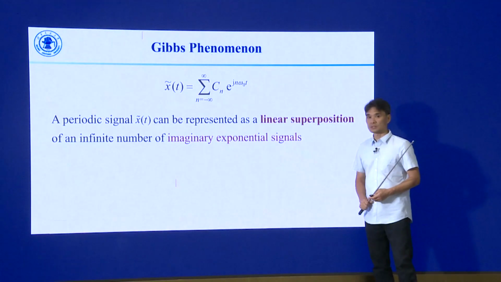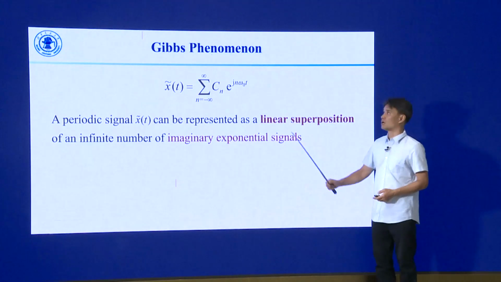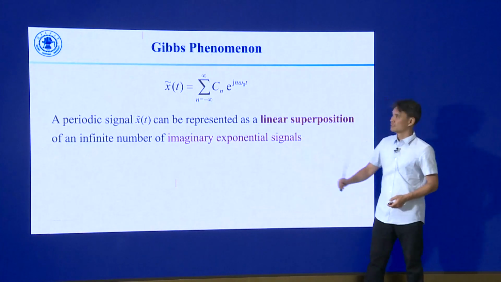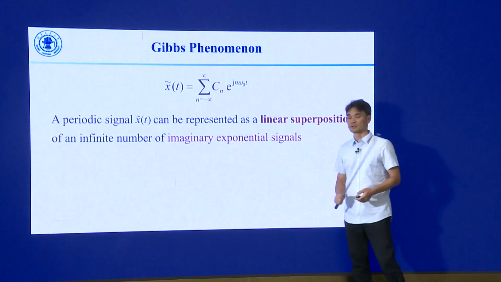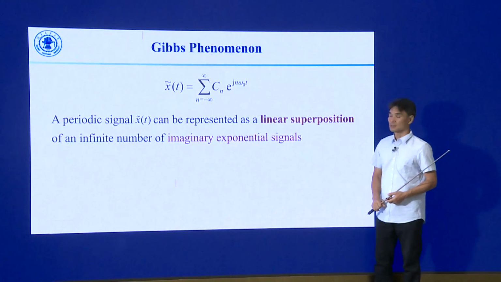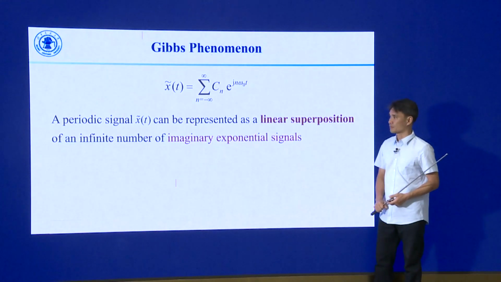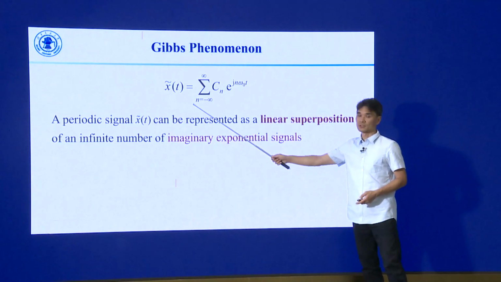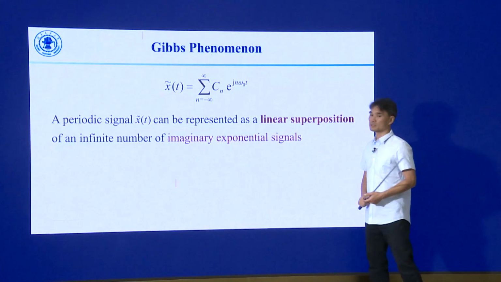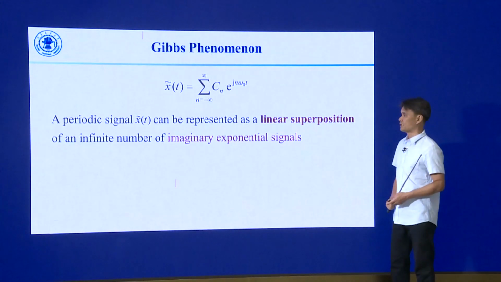Next, we're going to introduce a specific phenomenon called the Gibbs phenomenon. We already learned that this is the Fourier series decomposition for any periodic continuous time signal, and these will be equal to each other if the number of terms goes to infinity.